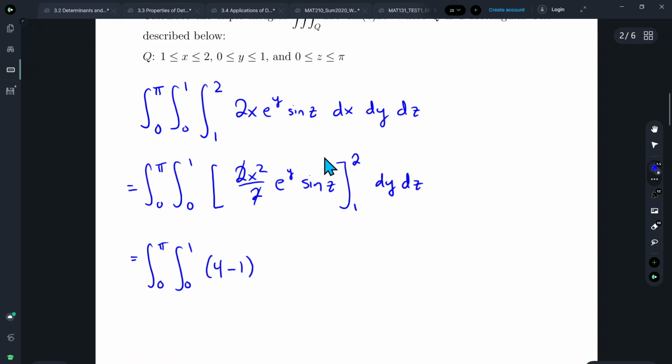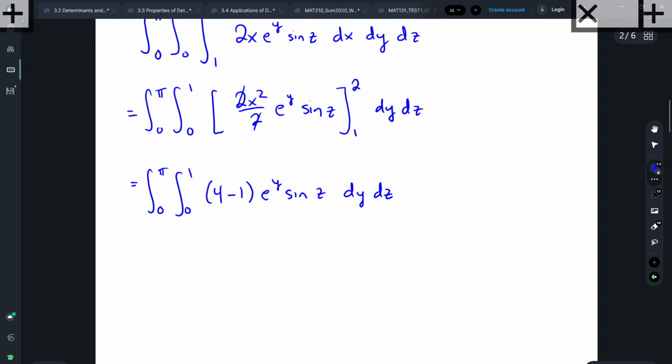So this stays the same. Okay, so then 4 minus 1 is equal to 3. And I can think of 3 as just a constant coefficient, right? So I can pull the 3 out. Maybe that will simplify things.